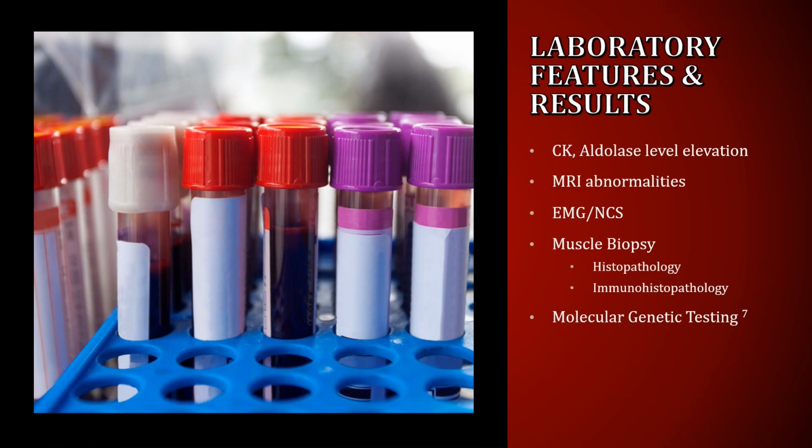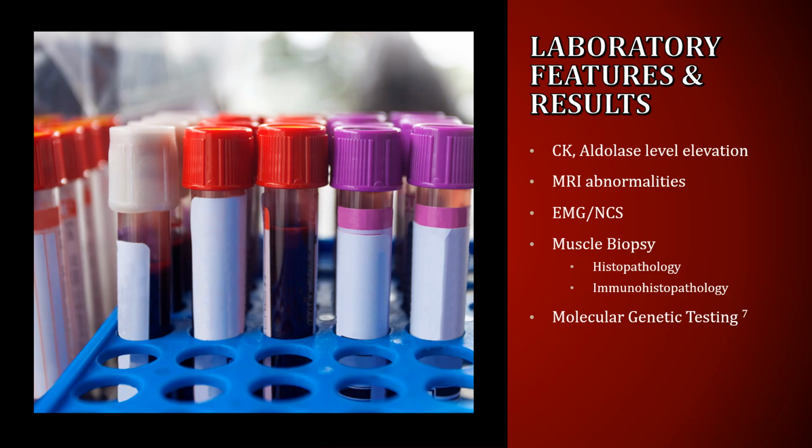Now, for laboratory features and results, you'll see that the two enzymes, creatine kinase and aldolase, will both be elevated when testing for MDC1A. Also noted would be MRI abnormalities down the road, such as muscle atrophy, fatty infiltrations, fibrosis, and muscle edema, which is swelling. An EMG could respond with decreased motor unit potentials as well as increased spontaneous activity.